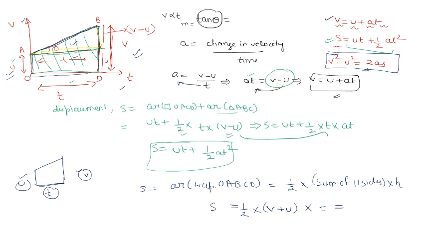If you take t to the left hand side and the rest to the right hand side, it will be v minus u by a. So let's put it here: v plus u already, and then v minus u by a. Now in the numerator it is forming the form of a plus b, a minus b, which is a square minus b square, by 2a. That means v square minus u square = 2as.